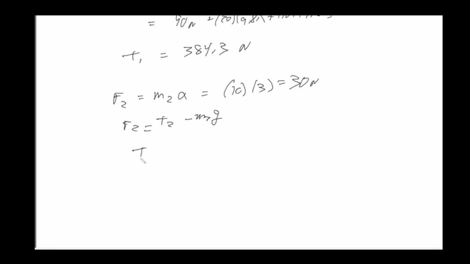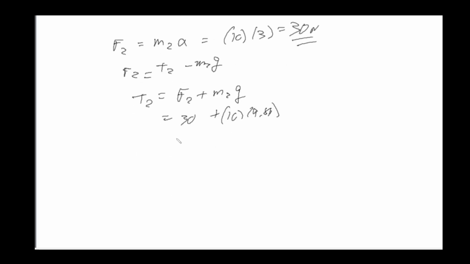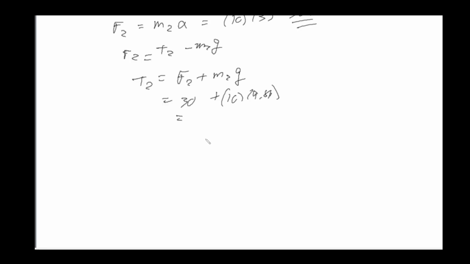So if we solve for T2, that's equal to force 2 plus m2 g, which is 30 newtons plus 10 times 9.81, which is 30 plus 98.1, or T2 is equal to 128.1 newtons.